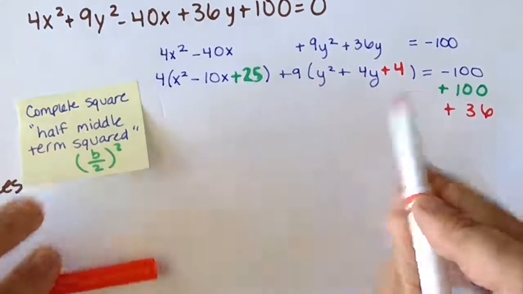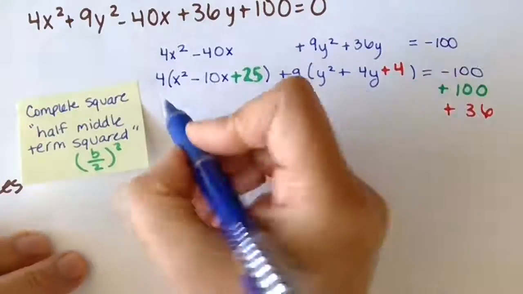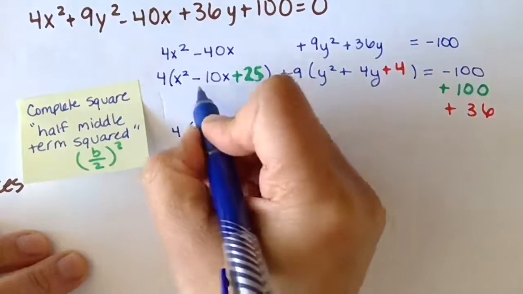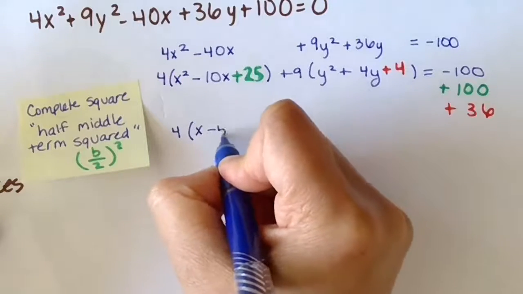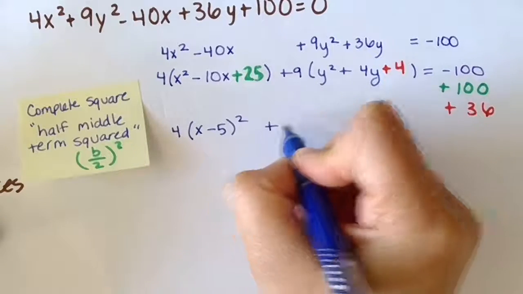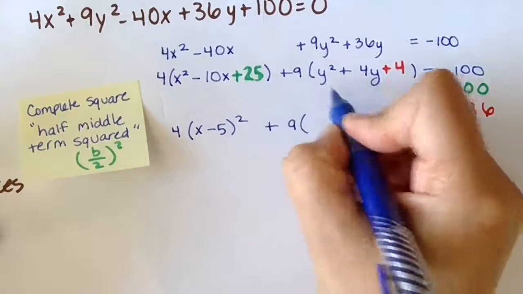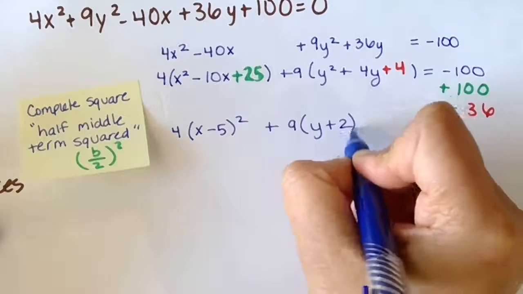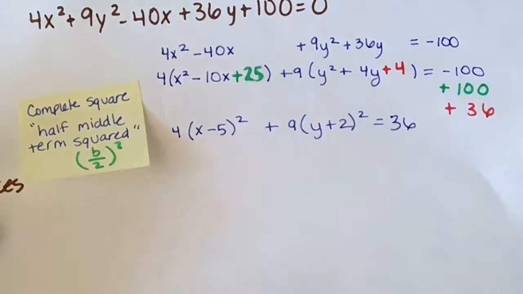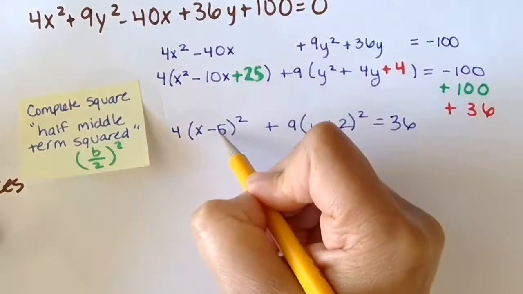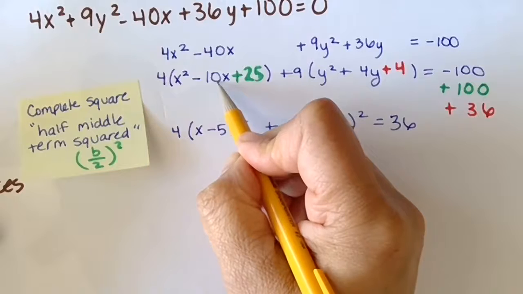So then we're going to clean it up. This turns into 4, writing this as a perfect square, it is x minus 5 squared plus 9 times y plus 2 squared. Clean this up. And again, if you don't remember how to go from here to here, this is always going to be half of your middle term.